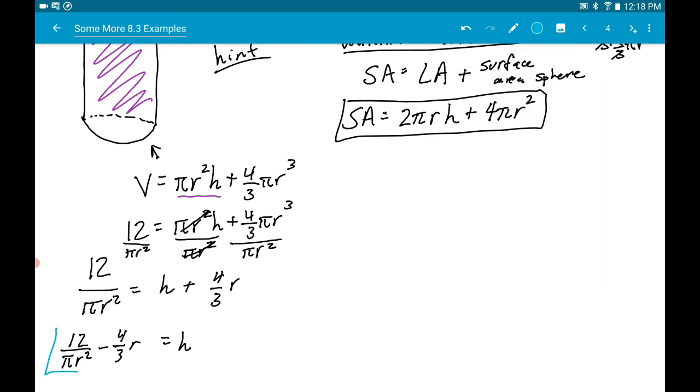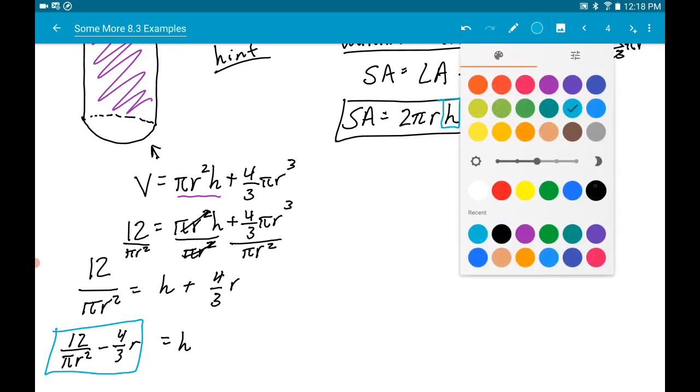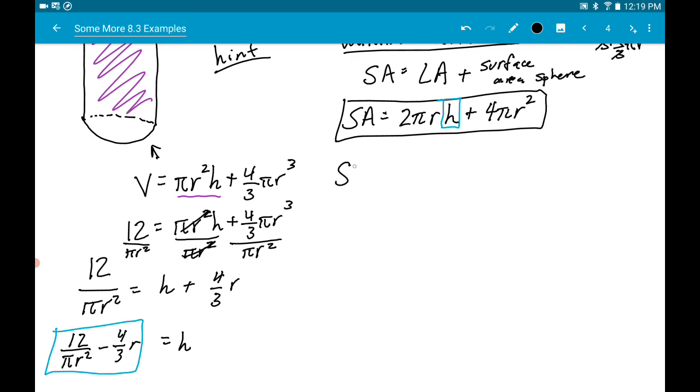So I believe, and there might be a better way, share it with me, but I believe that that blue box could be punched in here. So I'm going to rewrite it and then I'll let you play with it. So the surface area now is 2 pi r times 12 over pi r squared minus 4/3 r, plus 4 pi r squared.